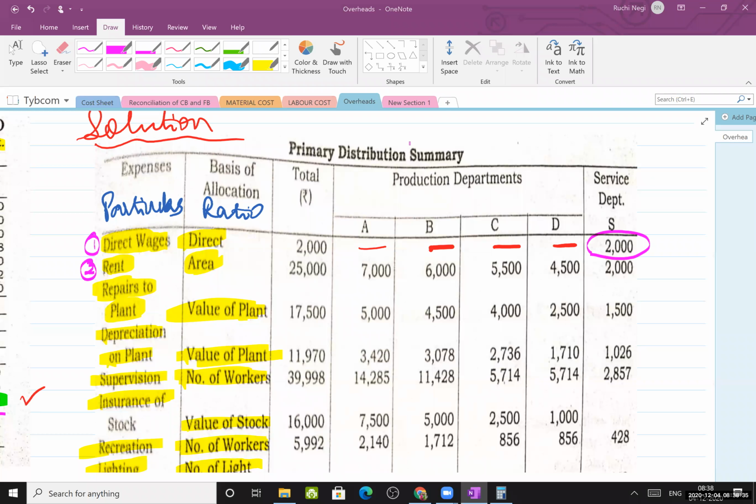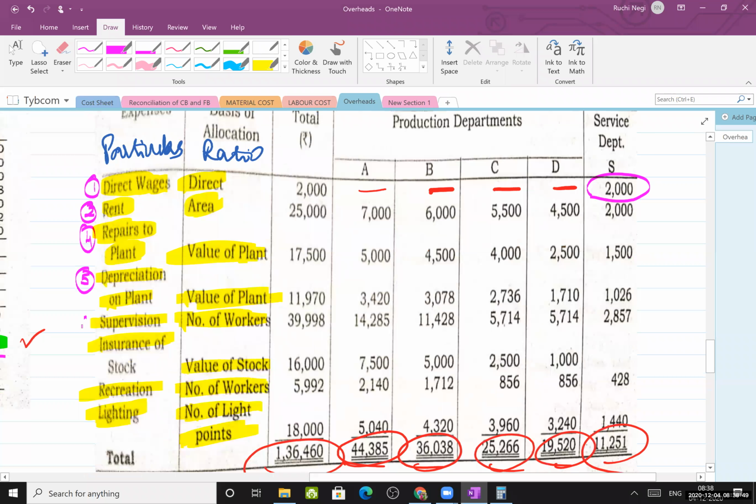You should keep this ready. ये सब लिख के ready रखो. Repairs, value of plant, depreciation, value of plant, supervision, number of workers, insurance, value of stock, recreation, number of workers, and lighting, number of light bulbs. So there are total 9 overheads.